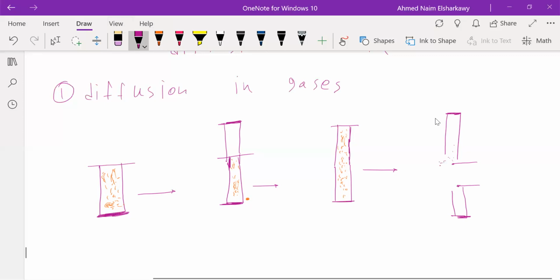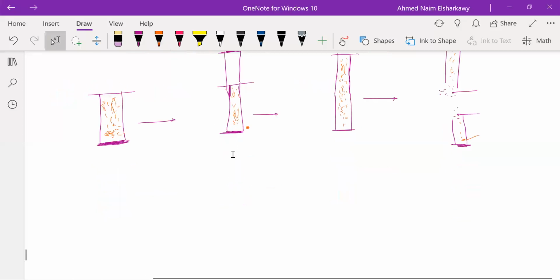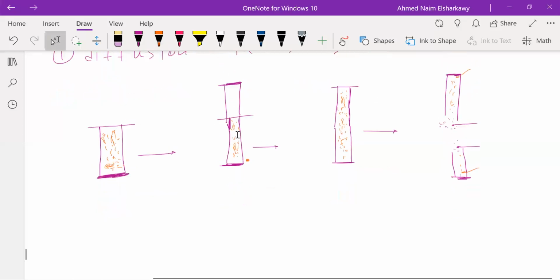When it lights with a pop sound, it means it contains hydrogen gas. It means that hydrogen gas is found not only in one tube, but in two tubes. The same thing you can do by opening it from here or there. You will find a pop sound. It means that hydrogen has diffused, right?